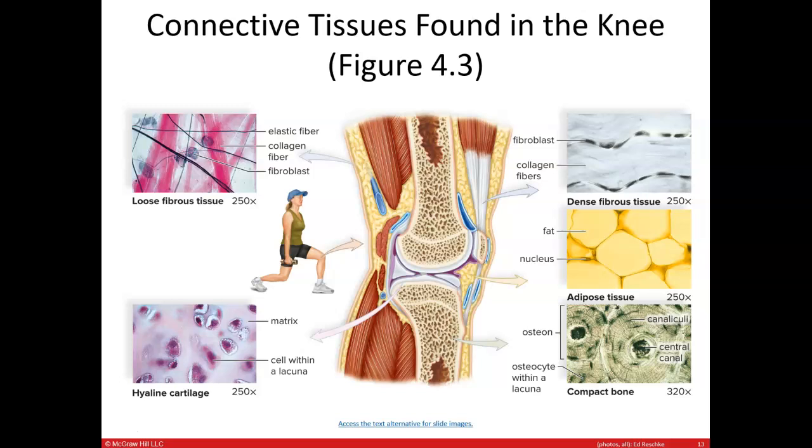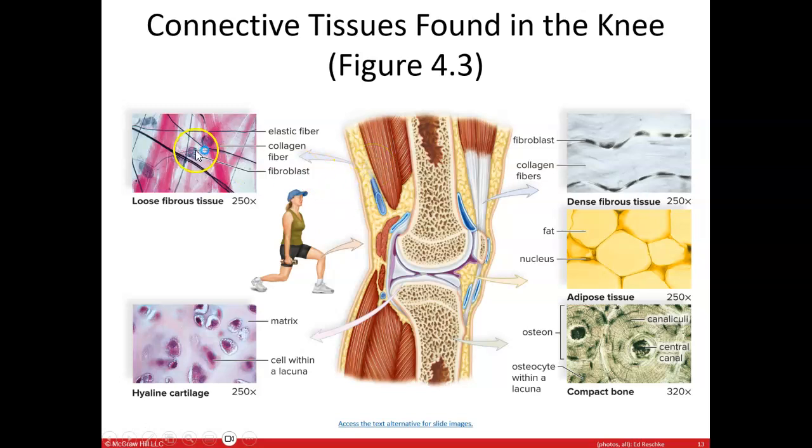And I just wanted to show you this one picture because it reviews some of the things we just talked about. Some of the connective tissues found in the knee. So we've got a lot of loose connective tissue, loose fibrous connective tissue. Remember, that's the stuff that's got fibers going all different directions. It's holding the skin to the underlying tissue. It's surrounding the muscles to kind of hold the muscles together.